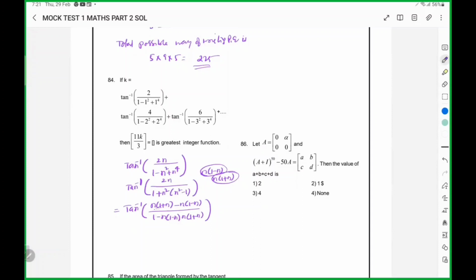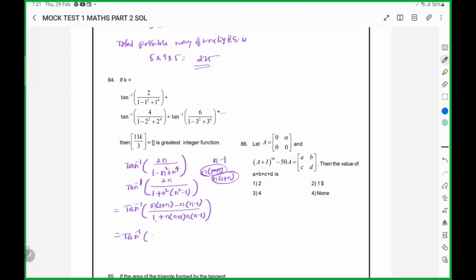So then n into n plus 1, n into, this you write as n minus 1. Then you'll get cancellation. After that, you get the required format. Here it is n into n plus 1, n into n minus 1. This is of the form tan A minus tan B by 1 plus tan A tan B.